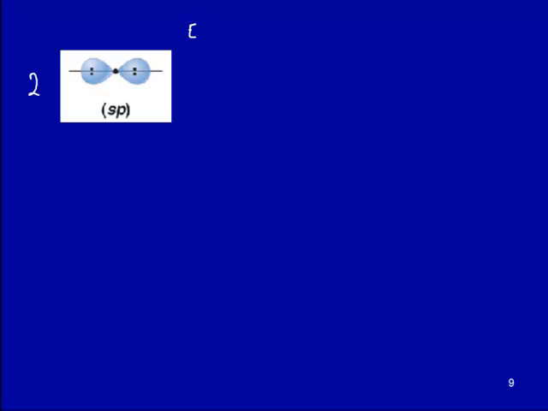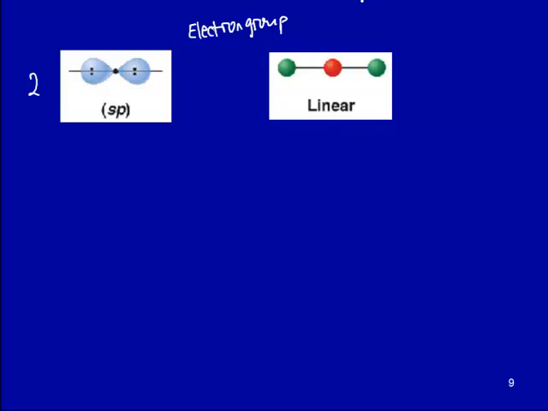If both of them are connected, this is going to be the molecular geometry. Let's organize it a little bit better. Let's erase this and call this one electron group geometry, and this one is called molecular geometry.